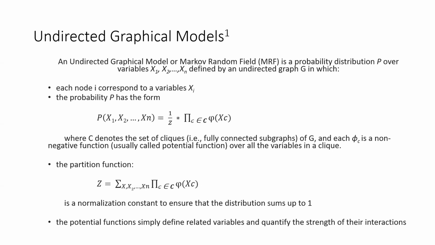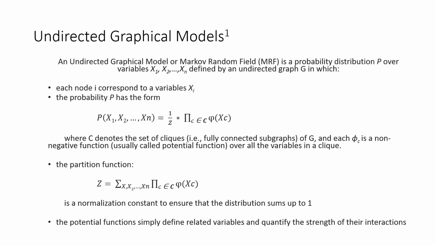The reason we want them non-negative is so that we can define a probability distribution. A probability distribution is a function which is non-negative, and the sum over the domain, or the integral, sums up to 1. And then we also have a partition function. It's called partition, but it's basically a normalization constant, so that we ensure that this distribution sums up to 1, because we want to define a probability distribution.